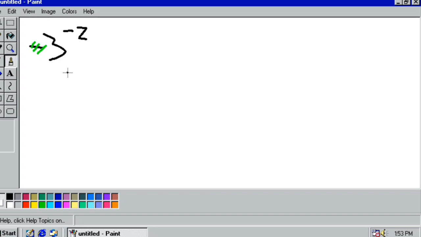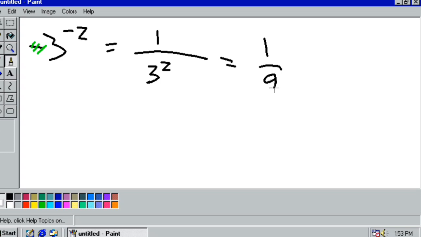Now let's simplify this. You know the definition of x raised to negative n. The reciprocal form of this negative sign will become positive. So 1 over 3 squared, which is 1 over 9. But remember that we have a negative sign here, so you must add back the negative sign that we removed earlier. So this is the final answer.